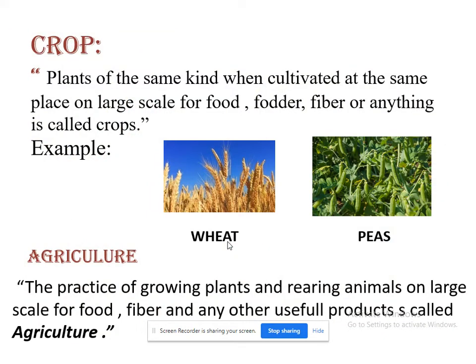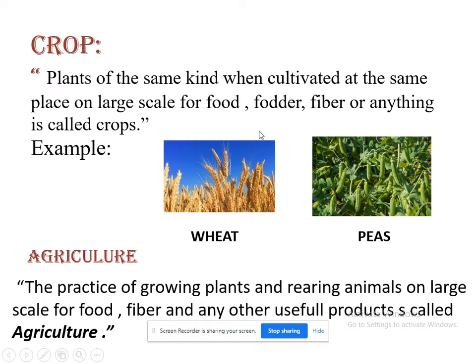Next, what is meant by crop? Plants of the same kind when cultivated at the same place on a large scale for food, fodder, fiber or anything are called crops. Let me repeat by taking an example. Let me take wheat.